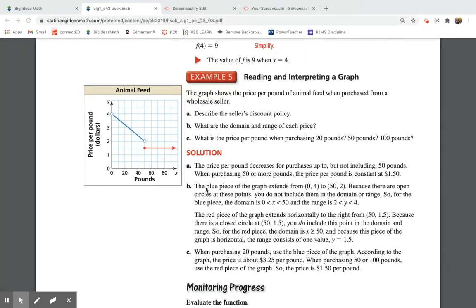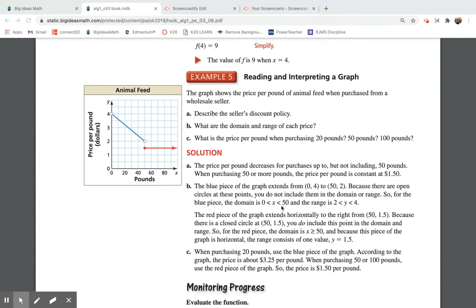Then when we talk about the domain and the range, domain is your x value. If we're only looking at the x, we have an open circle at 0 and an open circle at 50. So you don't include those. You would have to say your domain is between 0 and 50, but just using less than symbols.